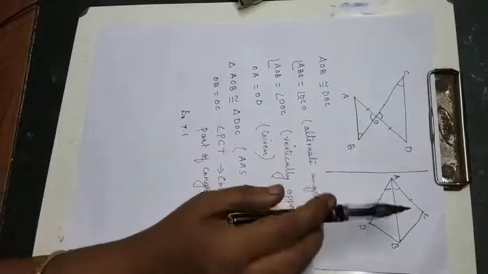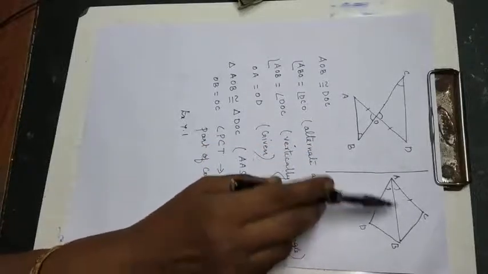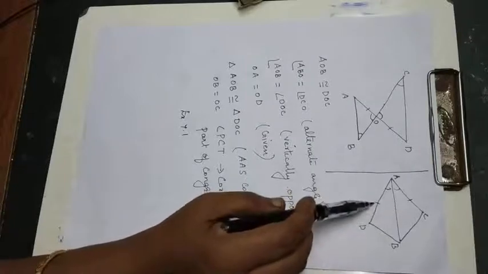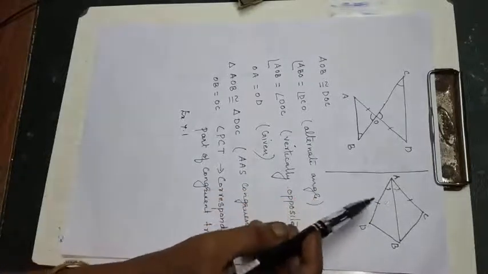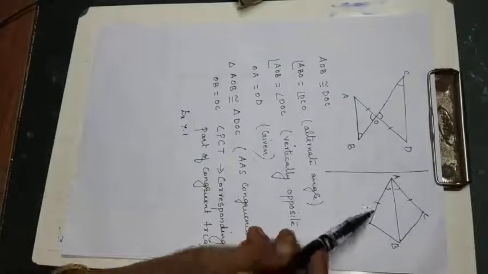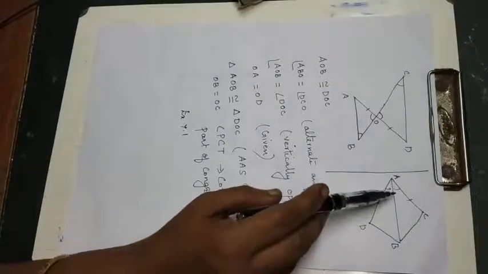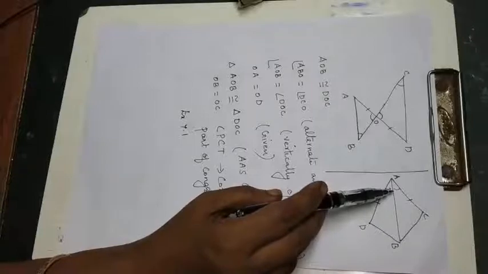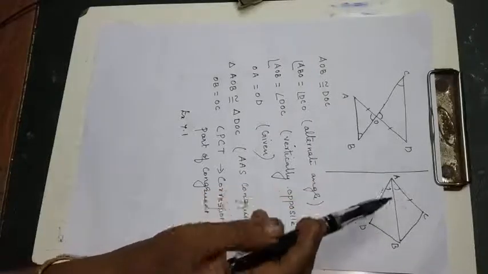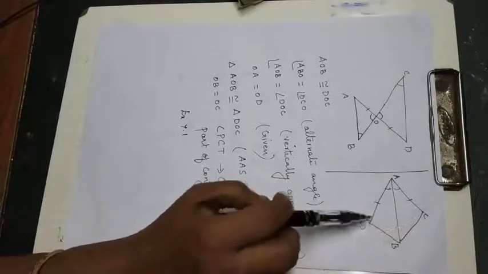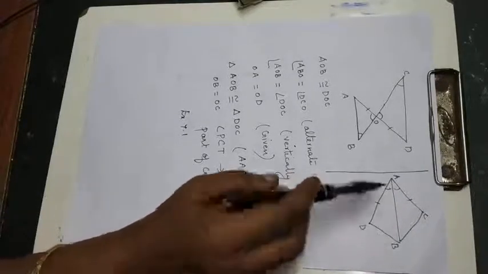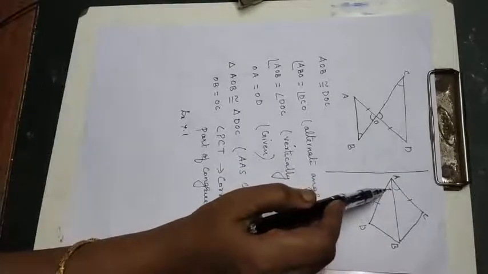In that one, AC is equal to AD. That is given in the question itself. Now second part also, AB bisects angle A, that is also given. That means angle CAB will be equal to angle DAB. These two angles are equal.